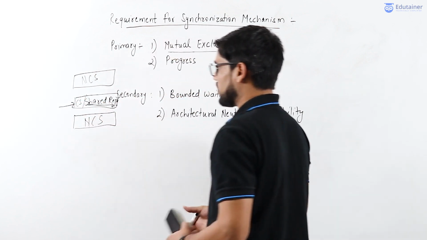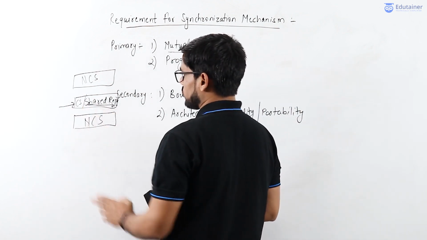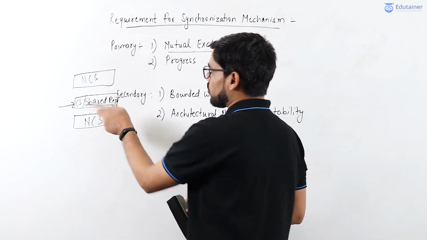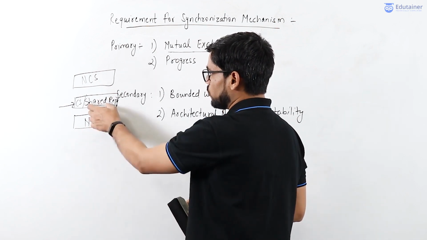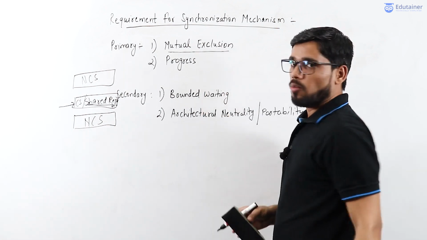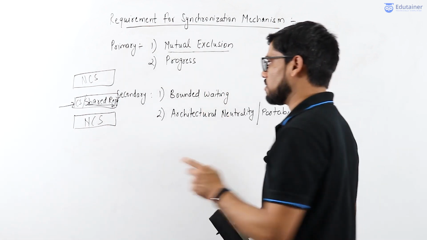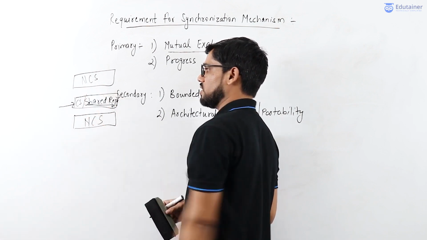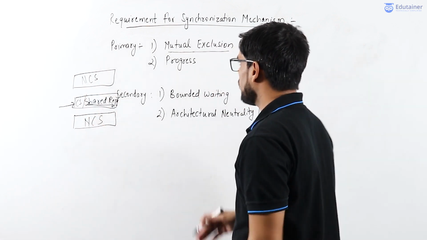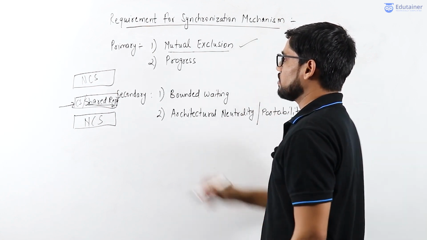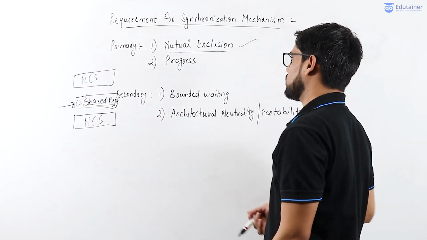For protecting this shared resource from other processes and to assure that only one process can enter this critical section and use this shared resource at a time, we are using the mutual exclusion property. So mutual exclusion says at a time only one process can use this shared resource or critical section. At any time only one process can enter the critical section and use the shared resources.